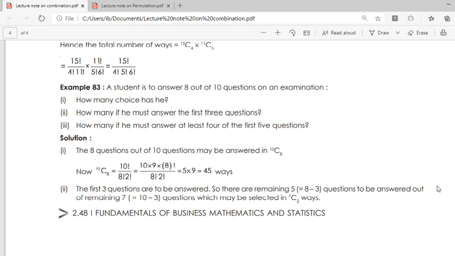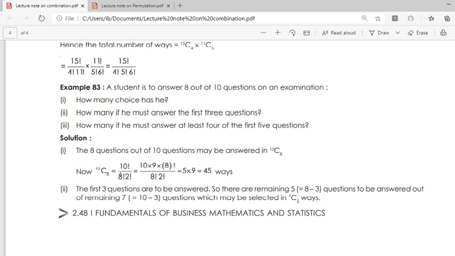So he's going to answer 5 out of 7. That's if he must answer the first 3 questions. So now he has to make 5 options out of 7 questions. That's how you have 7 combination 2.